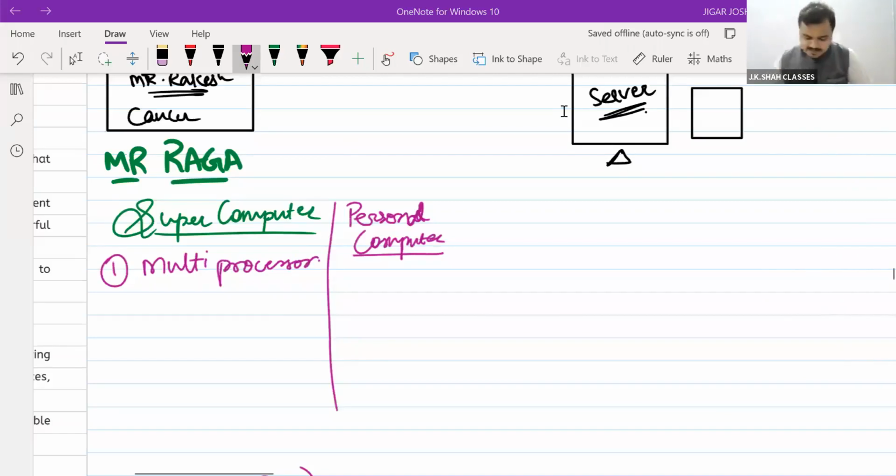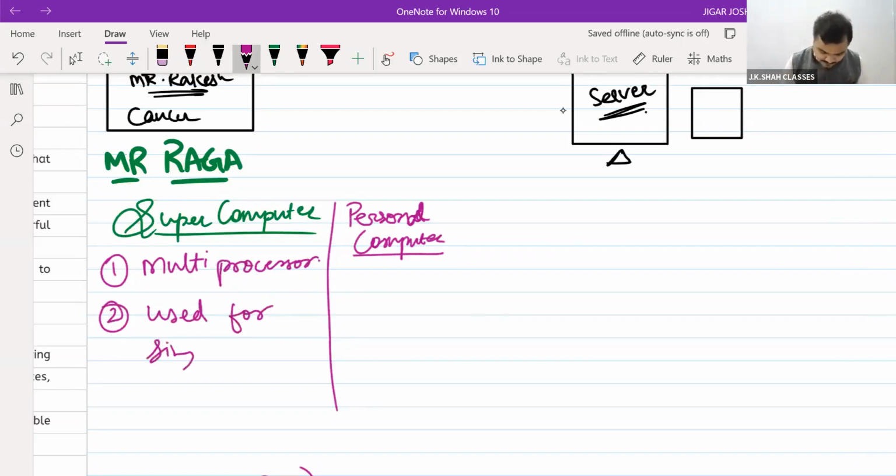They have created two supercomputers so far. Second thing, it is multi-purpose, but it can be used for a single purpose at a time.